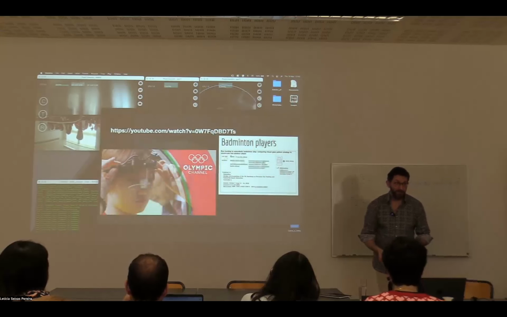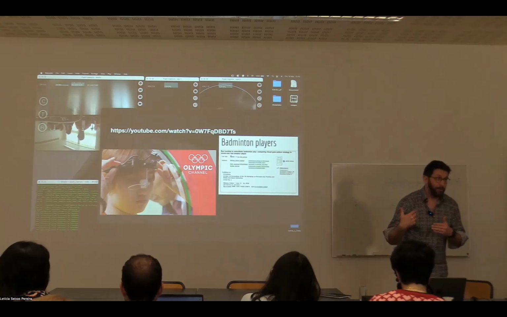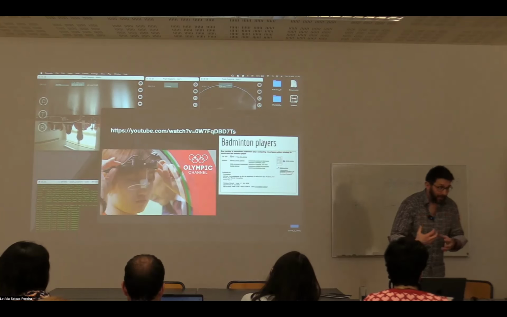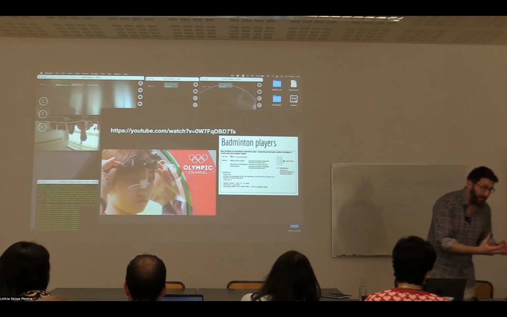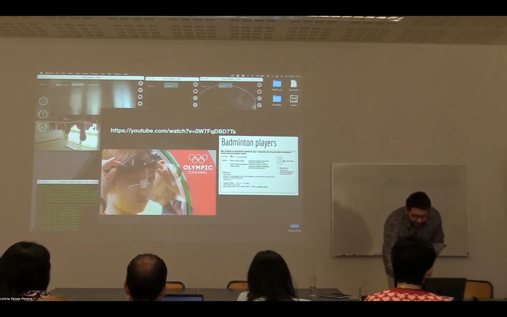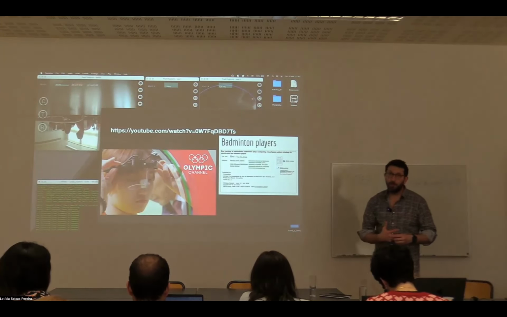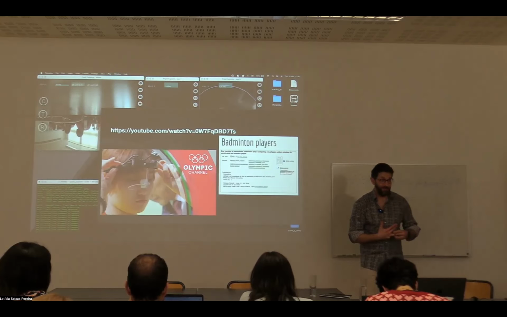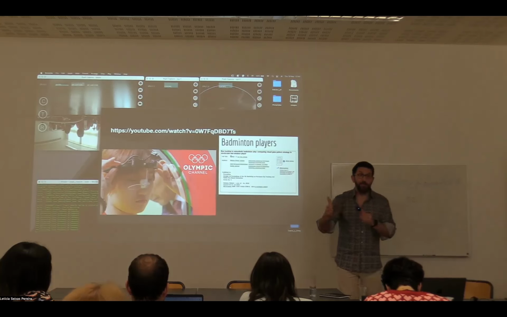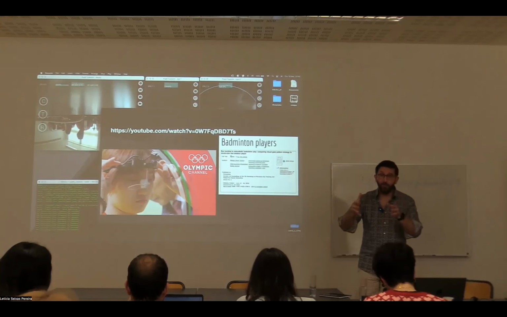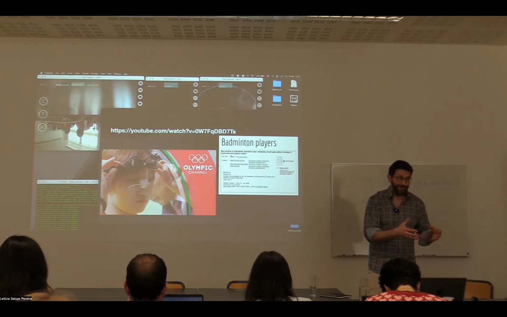And that's another amazing use of eye tracking, to diagnose and then to use the data for training, like they do with badminton, and especially the Korean national team is advanced in this. They capture and diagnose the eye movements of their champions and then move these eye movements to the new players.